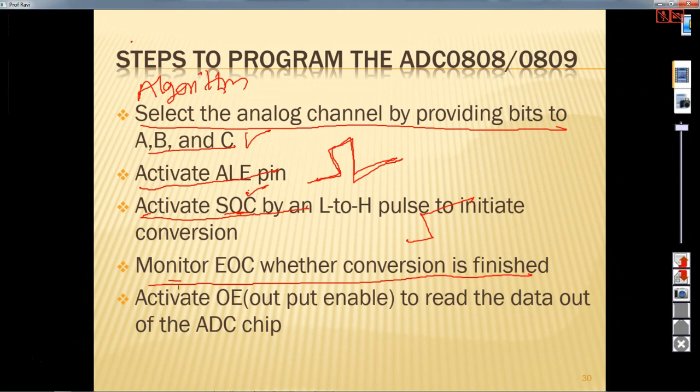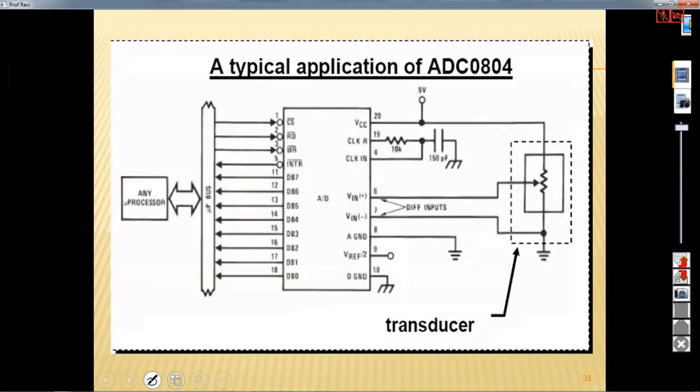If the end of conversion signal goes low, then the data is available in the buffer. Now you give a pulse signal, and whatever data is available in the tri-state buffers comes onto the data bus of the 8086, and you can move it into your accumulator or any register. This is the algorithm you need to follow to read the data on the 8086 microprocessor. Now go through this.